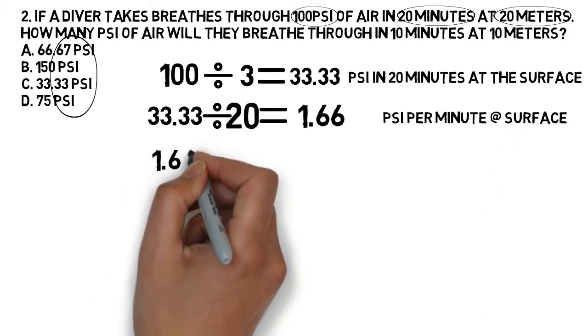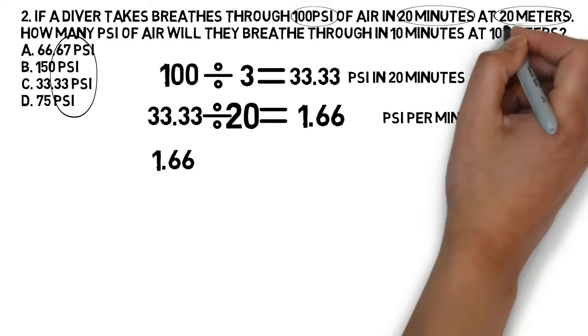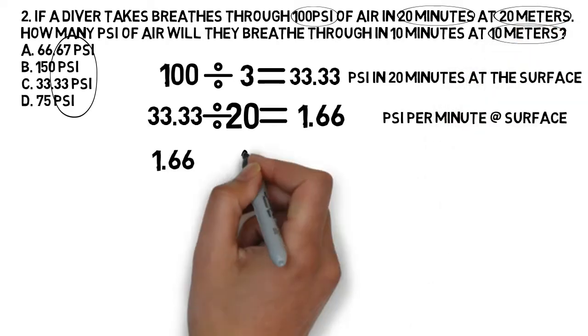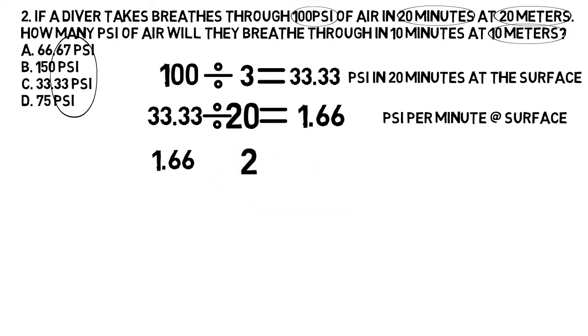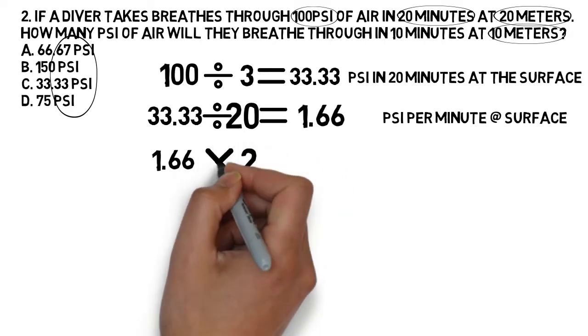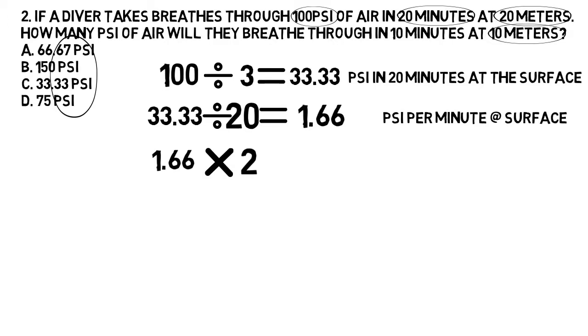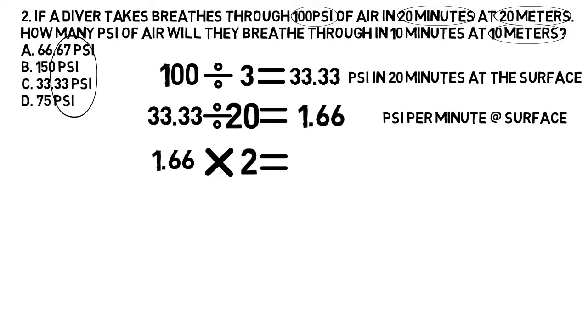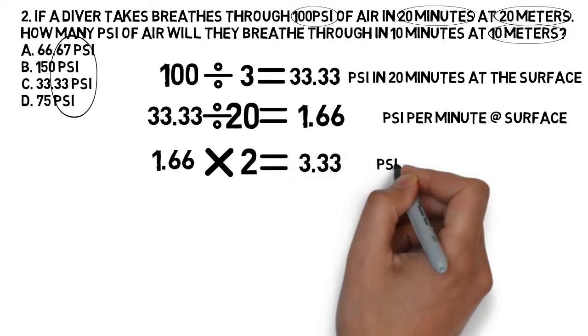Now I need to work out how many psi of air I will breathe through at 10 meters. I know it's going to be more, so I'm going to multiply. And I know that at 10 meters, the pressure is 2 atmospheres. So 1.66 times 2 is going to tell me how many psi per minute I will breathe through at 10 meters.